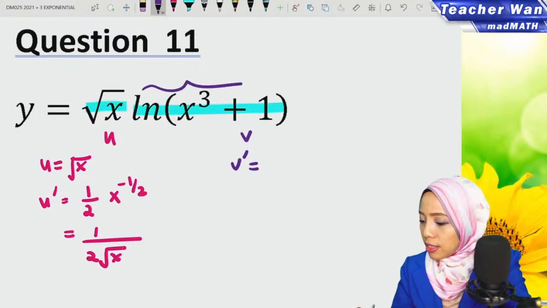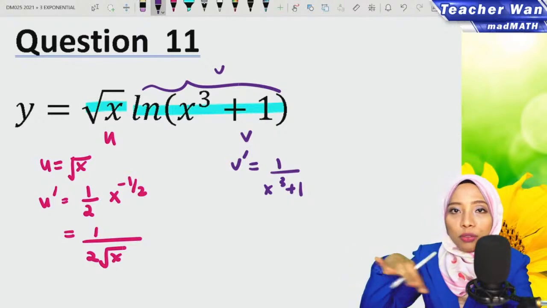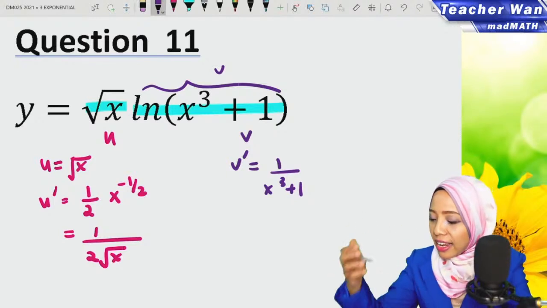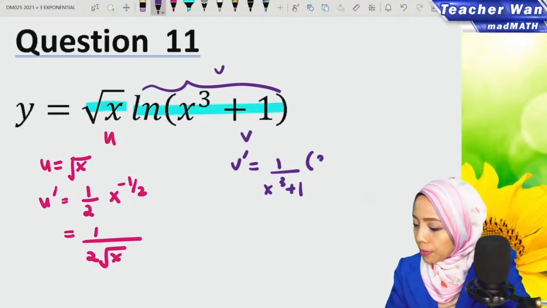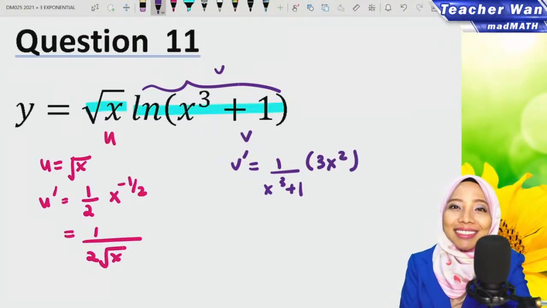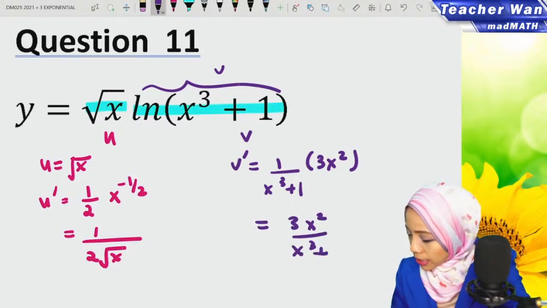If this is your V, so 1 over x cubed plus 1. Copy the whole function first and then the derivative. The derivative of x cubed plus 1 is 3x squared. So this is basically 3x squared over x cubed plus 1.